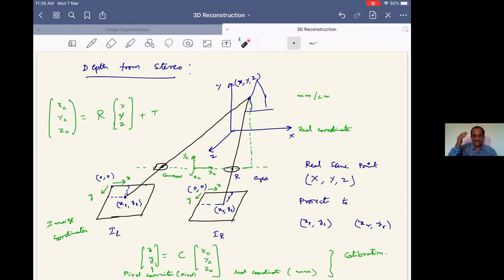If they are not aligned like this, then there will be a Y shift as well. So what I am trying to say here is YL equals YR for a scene point when the cameras are horizontally aligned. Which cameras? Left and right cameras.